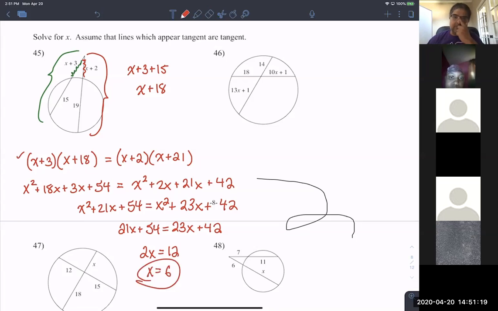So the answer is x equals 6. All right. A lot of algebra, not pretty, I understand, but this is just the nature of these situations, right? So that's a problem where I have 2 secants intersecting on the outside. Any questions with this problem type? So piece times whole equals piece times whole.